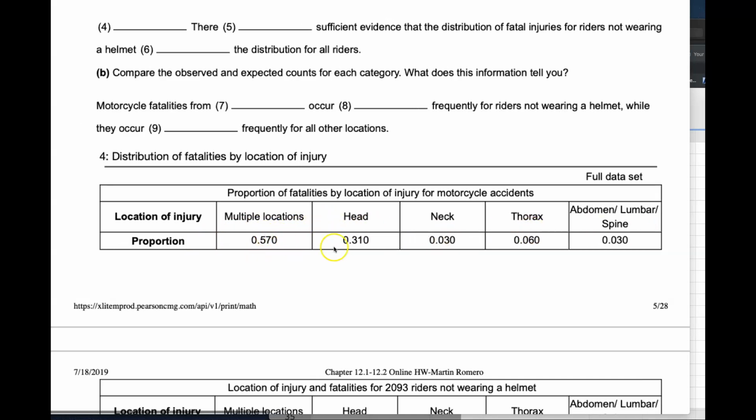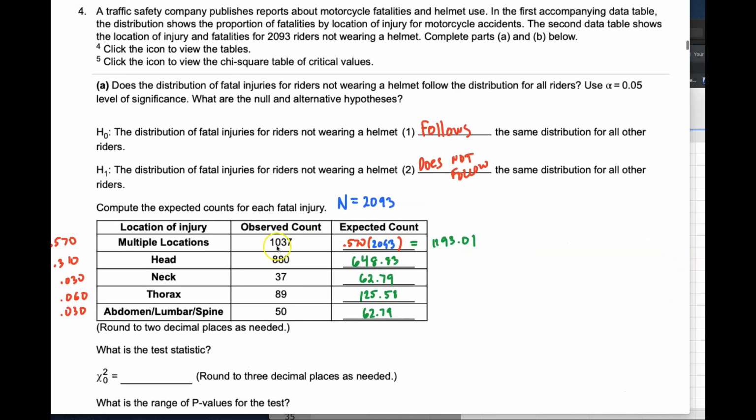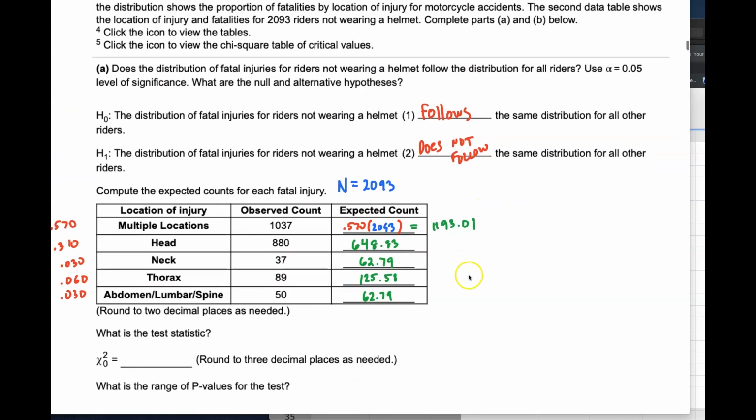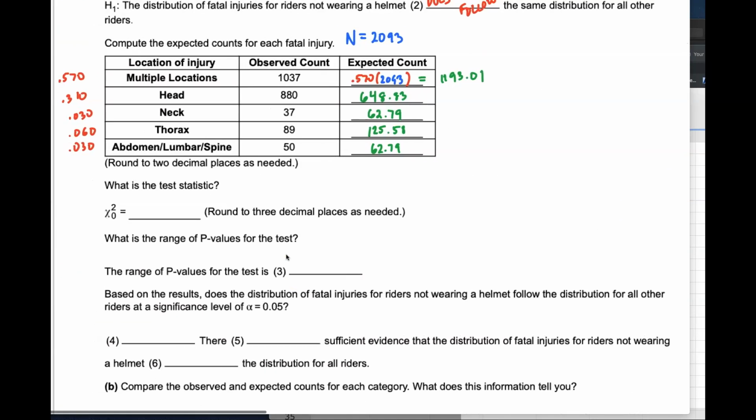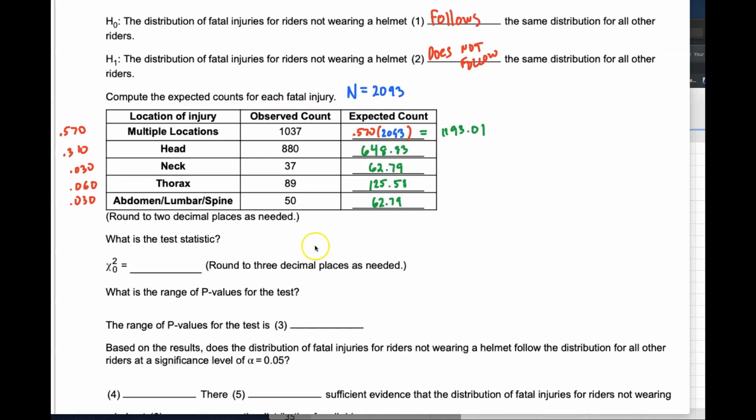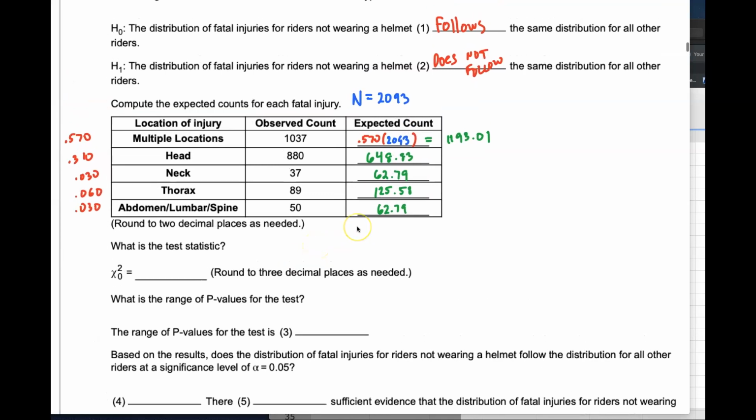So when someone dies in a motorcycle accident, 57% of the time it's in multiple locations, 31% of the time it's the head, 3% neck, and so forth, right? And so we're trying to see if this distribution follows the same distribution here. If so, then not wearing a helmet doesn't matter, right? So that's what we want to compare.